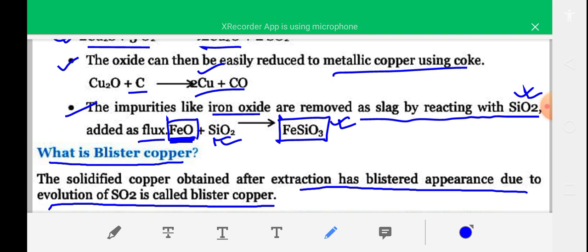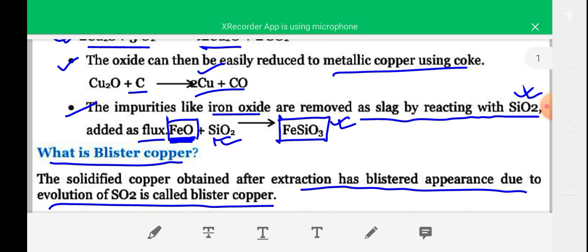During the reduction of copper using carbon, SO2 gas will be evolved, and the copper metal obtained after solidification has a blistered appearance due to evolution of SO2 gas, and this copper is known as blister copper. It is actually the impure copper which is obtained after reduction, okay, and which has a blistered appearance.